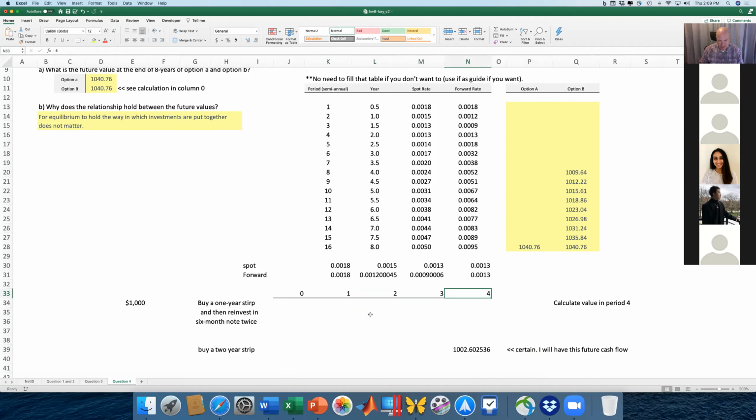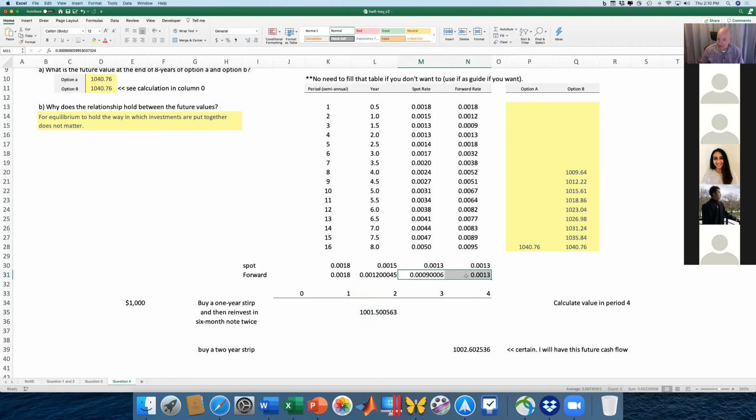But I'm just going to take this example. I'm going to buy a 2-year strip, or 2-period strip, hold it to period 2, and then I'm going to reinvest it in a 6-month twice.